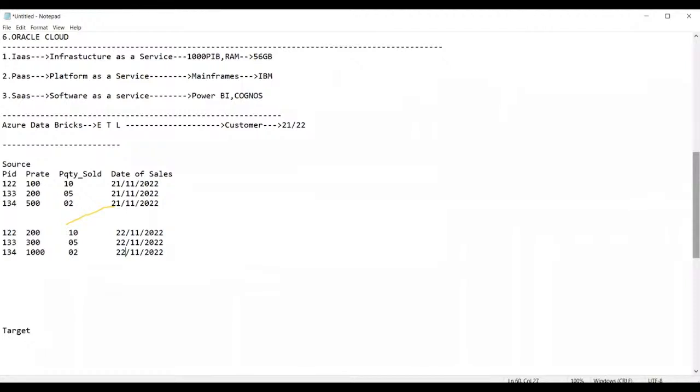Can you tell me, guys? Yes, a difference is there, sir. How can you say? Just by looking into the data. Am I right or not? Yes, just by looking into the data, you can say there is a difference.